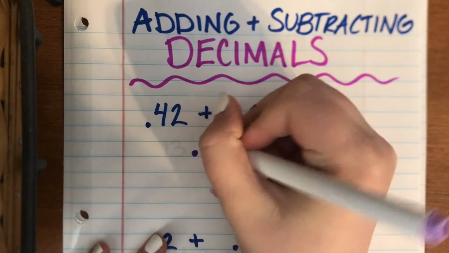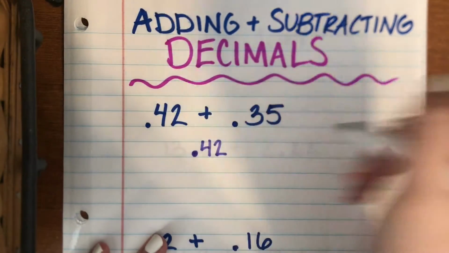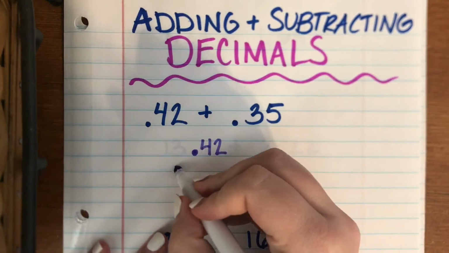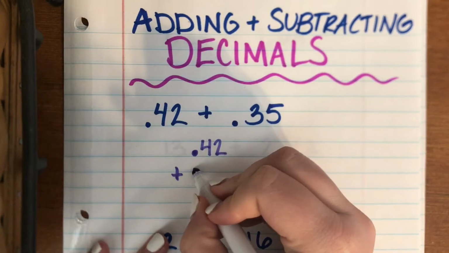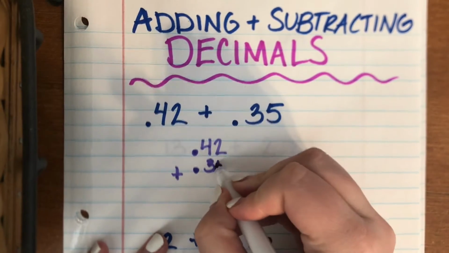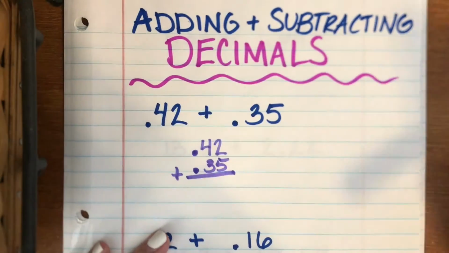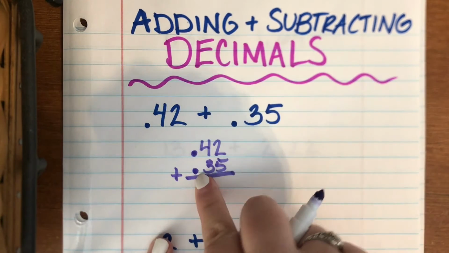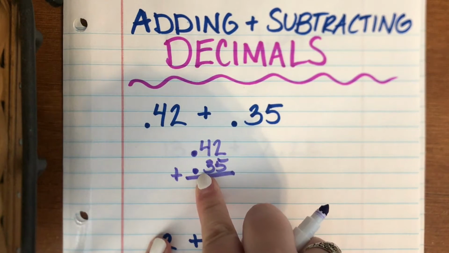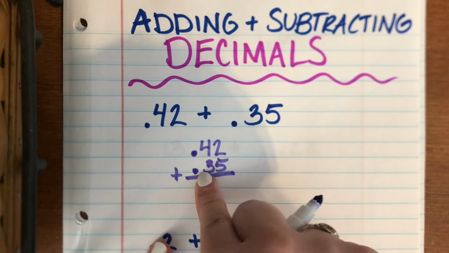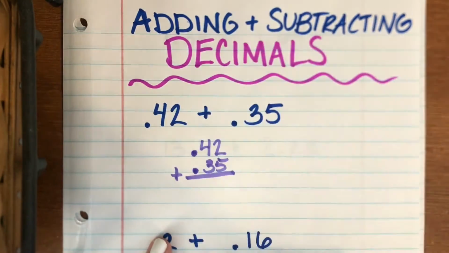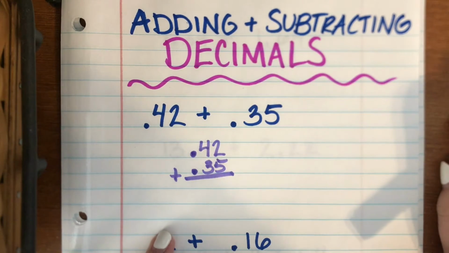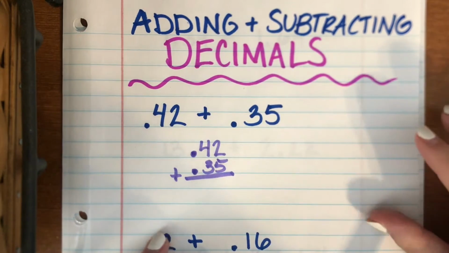So I'm going to put 42 hundredths on top, and with addition you can do it in either order, plus 35 hundredths. Now, one thing that's important when you are stacking your numbers is that the decimal place is always aligned. And that's going to come into play in a lot of the other types of problems we're going to look at. We're going to mostly look at addition problems, but this applies to subtraction as well.